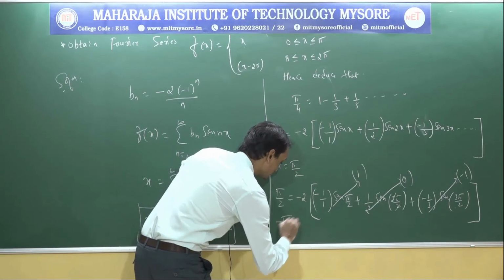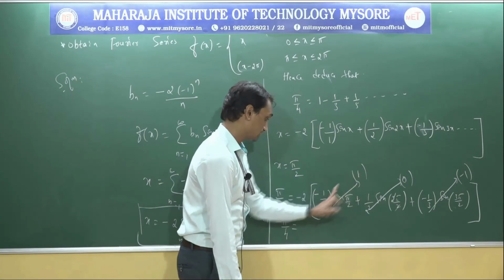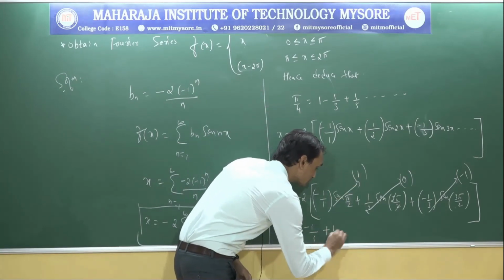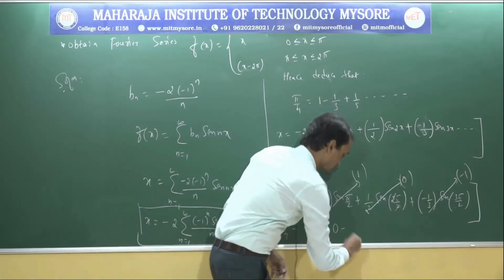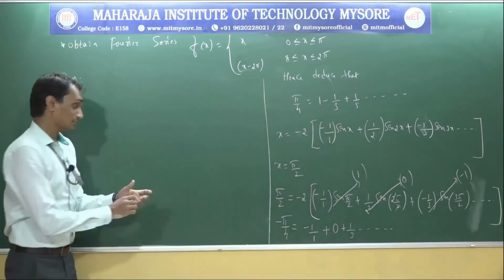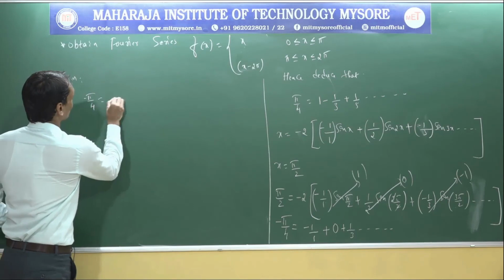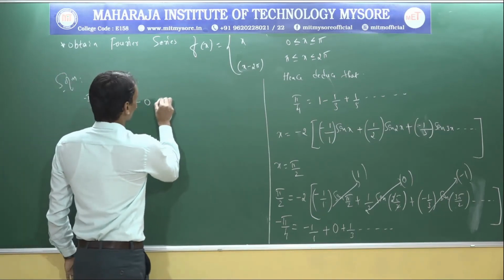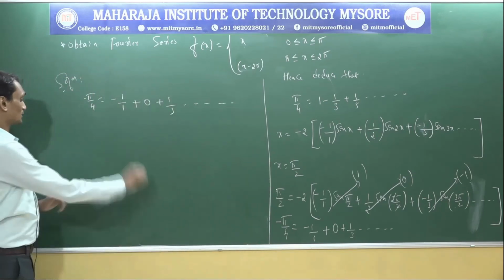So minus pi by 4 is equal to first value minus 1 by 1, plus 0 for the second value, then minus into minus, plus 1 by 3, and so on. Let that expression stay: minus pi by 4 equal to minus 1 by 1 plus 0 plus 1 by 3, and so on. I take minus outside.